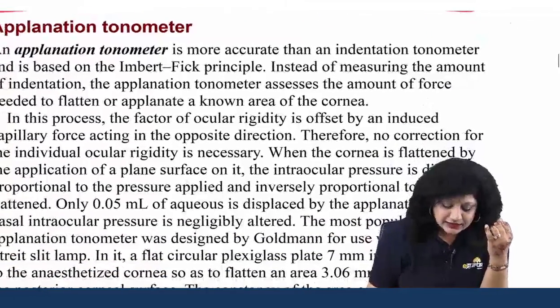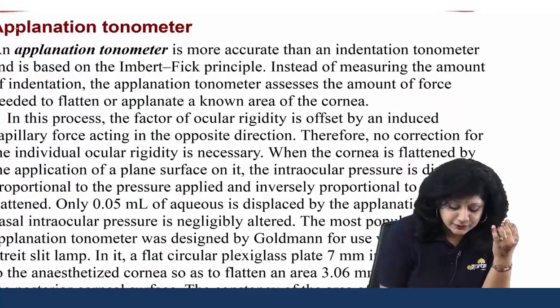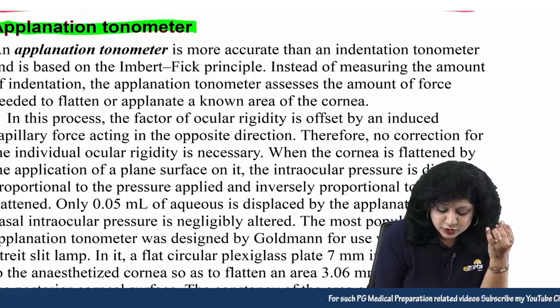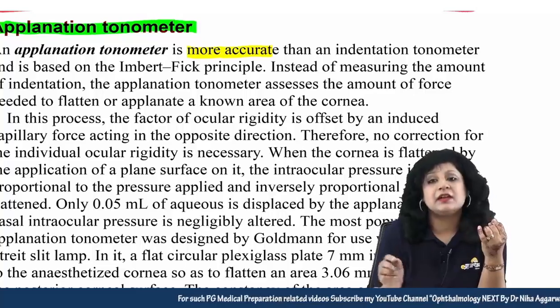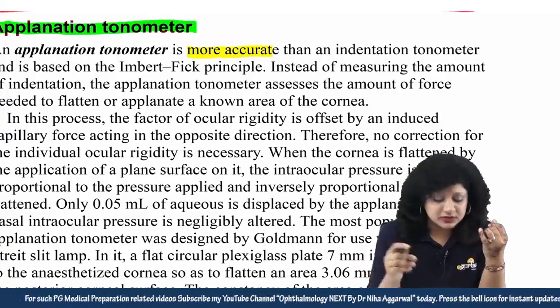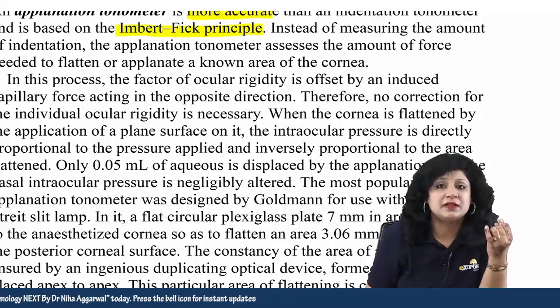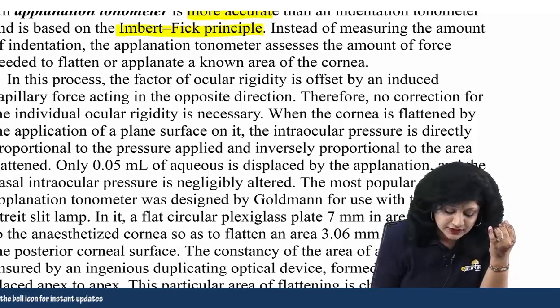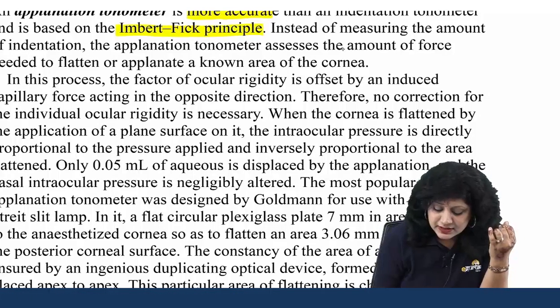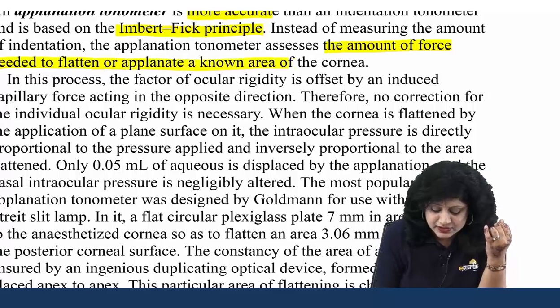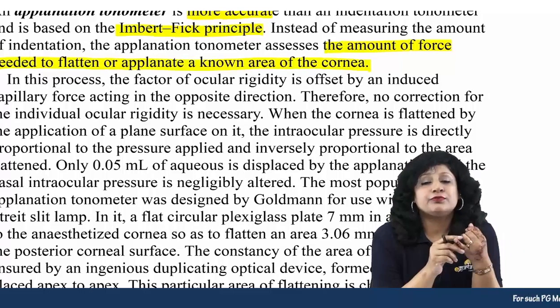Now, another kind of instrument that we have at our disposal is the Applanation Tonometer. This Applanation Tonometer is more accurate in comparison to the Indentation Tonometer, and it is based on a different principle called the Imbert-Fick principle. Instead of measuring the amount of indentation, this assesses the amount of force needed to flatten or applanate a known area of the cornea.